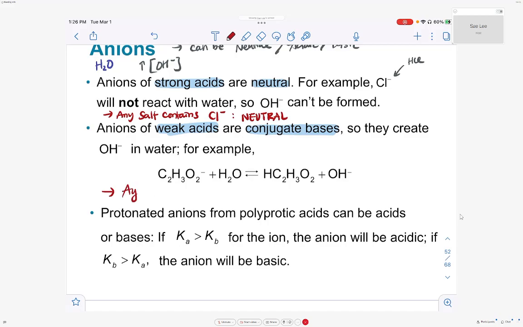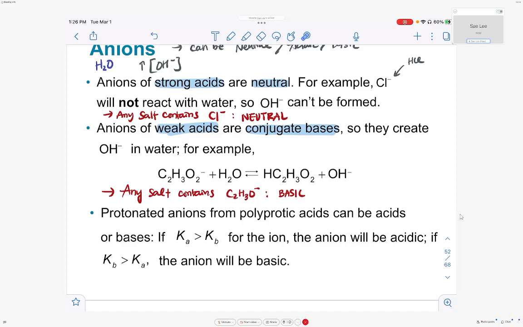Any salt that contains acetate anion or anions of weak acids is basic. Okay. Why?